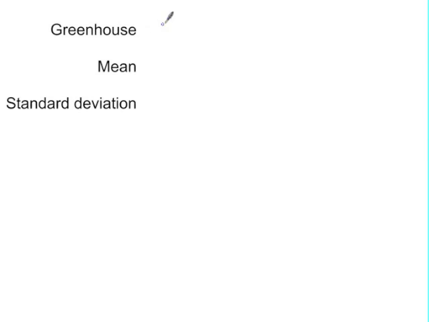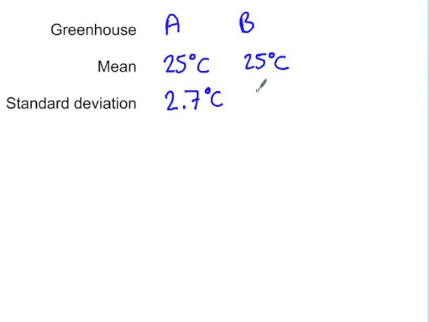So in conclusion, we have two greenhouses, A and B. Both maintain a mean temperature of 25 degrees Celsius, but greenhouse A had a standard deviation of 2.7 and greenhouse B had a standard deviation of 0.5.